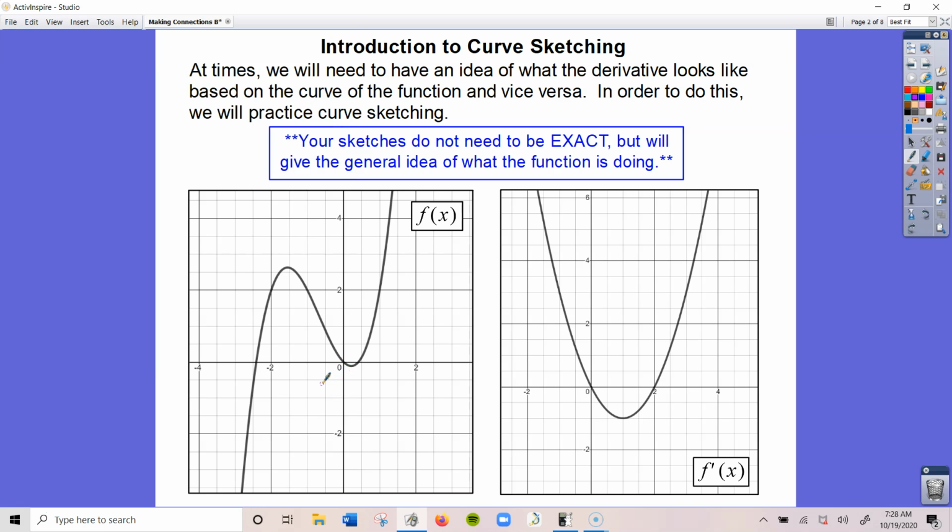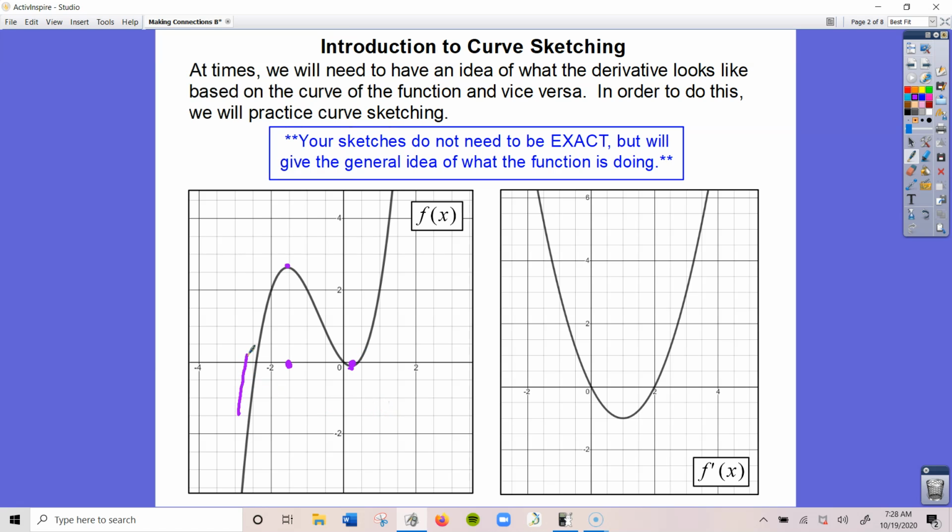And if I wanted to graph the function f prime, the derivative, I would have to look at the behavior of my function. Remember that when the function is increasing, which is increasing up to right here, first of all, these are extrema. And when you have extrema, our derivative is equal to 0. So that means we're looking at x-intercepts.